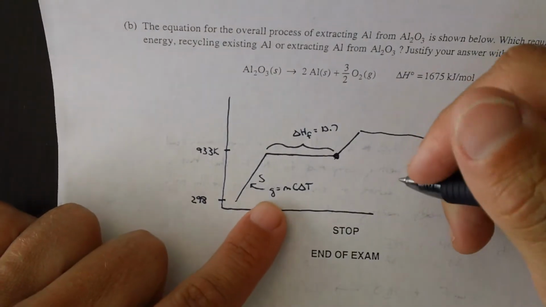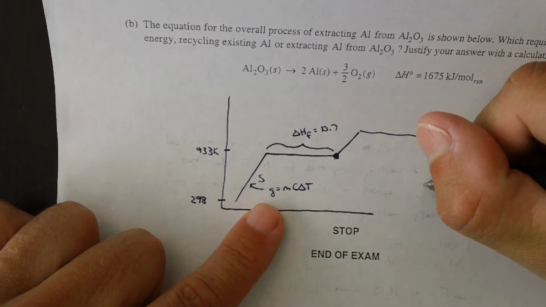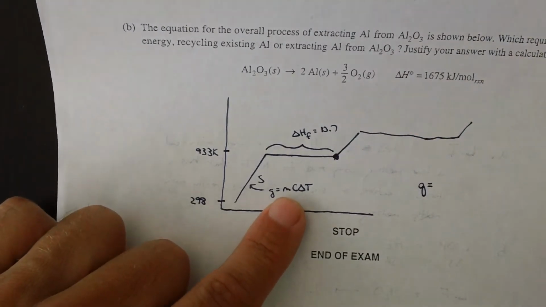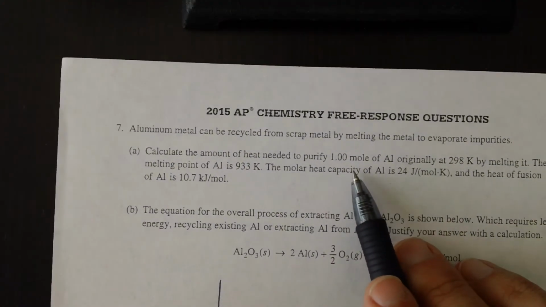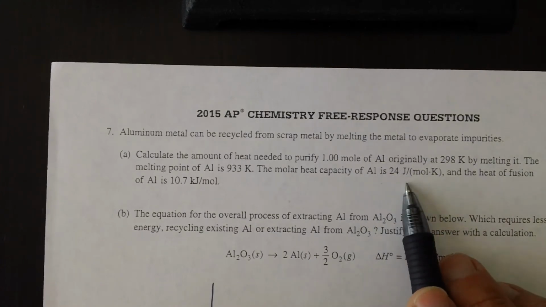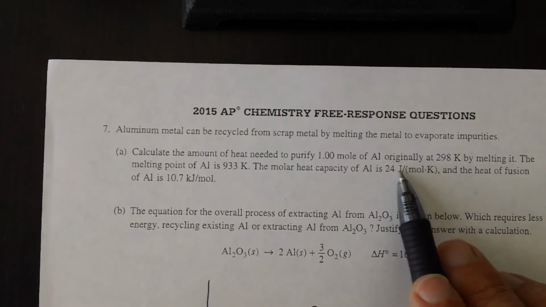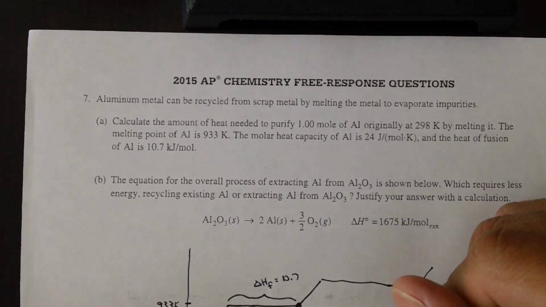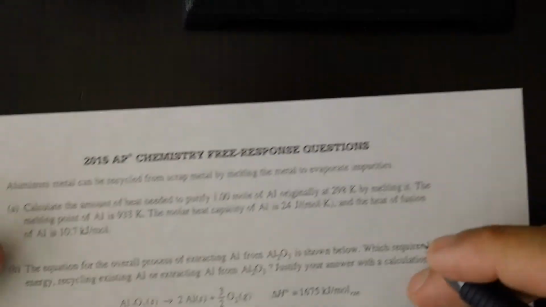And so the energy for the change in temperature part, Q, how much energy we got, is going to equal the mass of the aluminum. It tells us up top we have 1 mole of aluminum. The constant here usually is joules per gram times Kelvin. Here it's joules per mole. Because we only have 1 mole, that's nice. Units matter here, keeping track of our units.